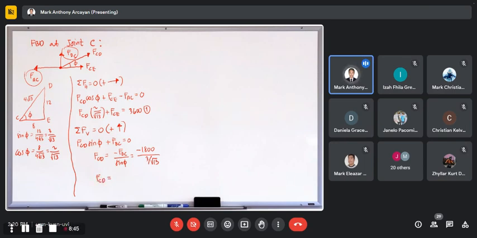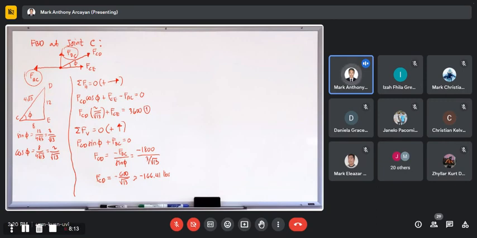So atong FCD is equal to a negative 600 over square root of 13, or this is roughly equal to negative 166.41 pounds. Okay, negative man siya.